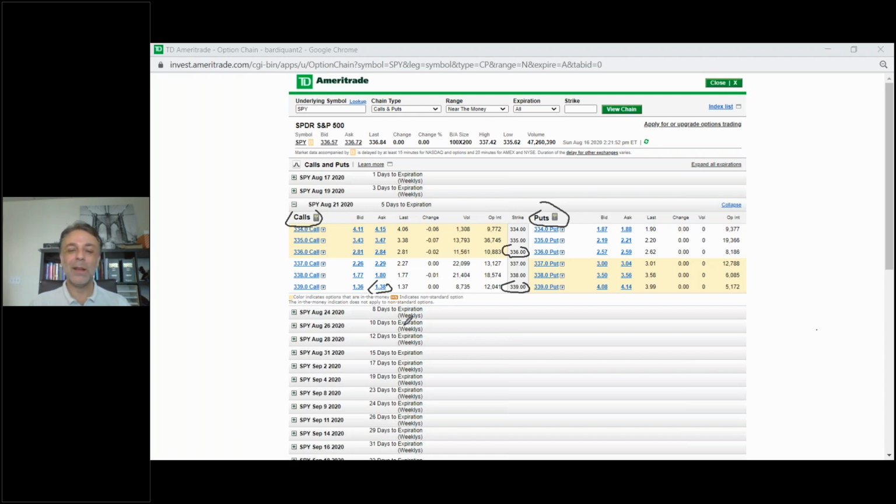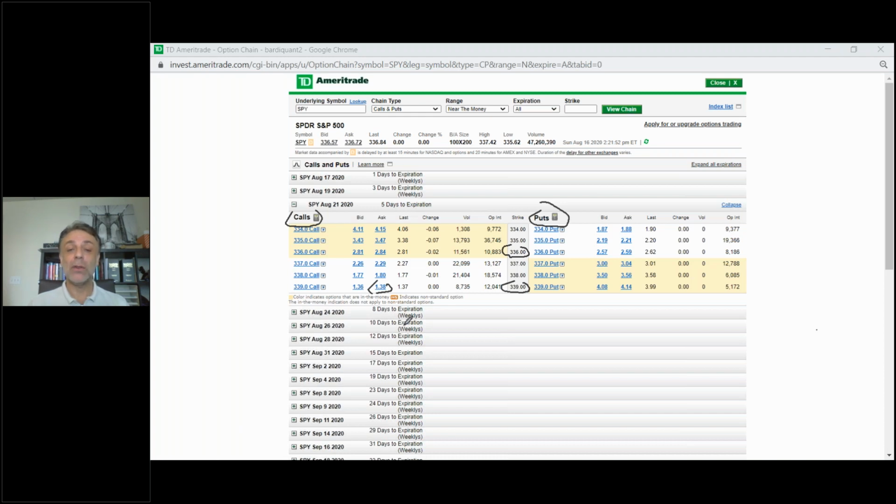But the question that might come up is, why would I be interested in buying at 339 if currently it's trading at 336? Well, the reason is that the price can go a lot higher. Imagine the price shoots up to, for example, 345.